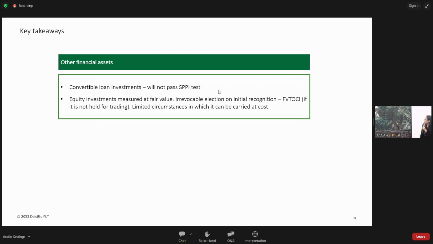An equity instrument is measured at fair value, okay, with an irrevocable election on initial recognition. So if you want to designate, you can designate to fair value through OCI, provided it is not for normal trading. You don't buy and sell the shares very frequently. Then, although allowed, it's a very limited circumstance that it will be carried at cost. So you go back to the indicators earlier about when the cost would not be reflective of the fair value.